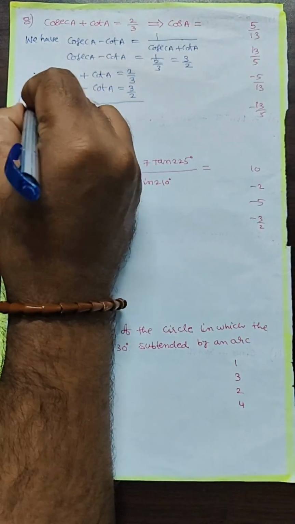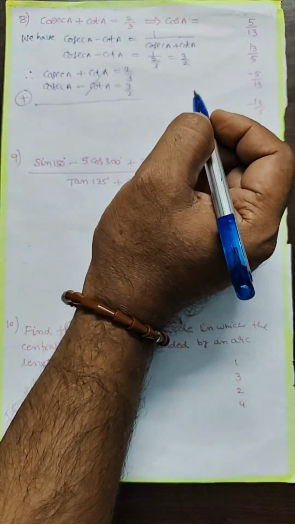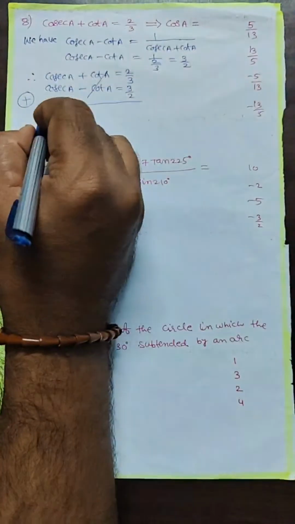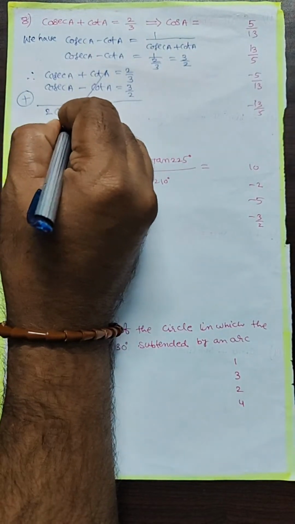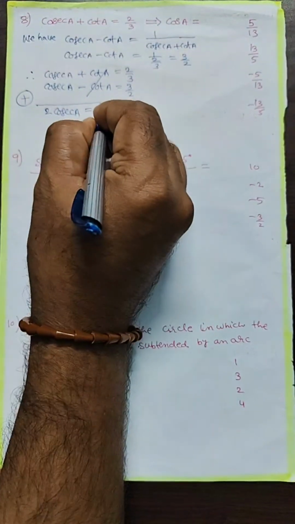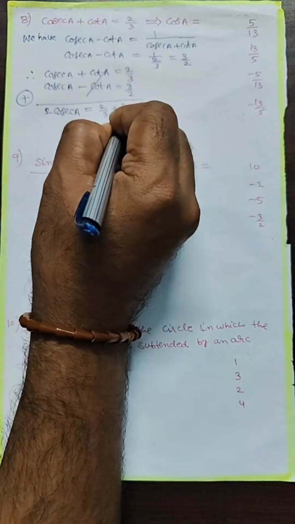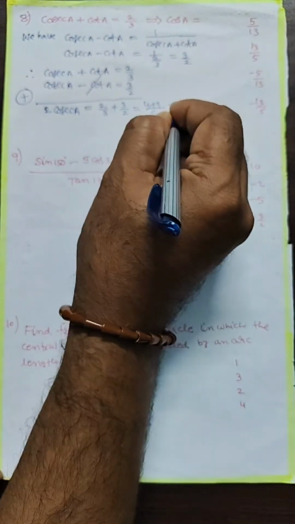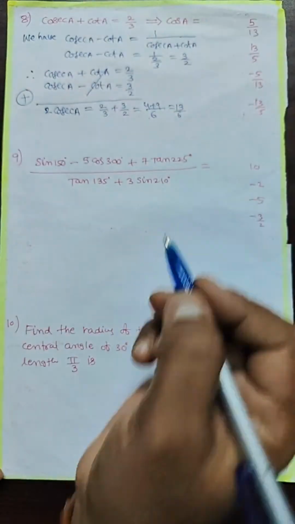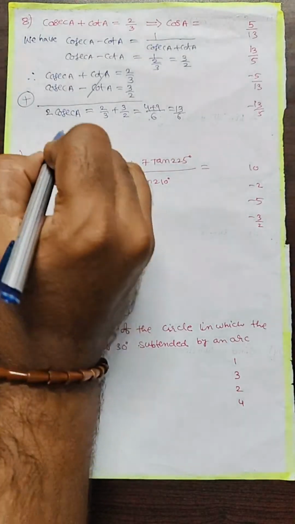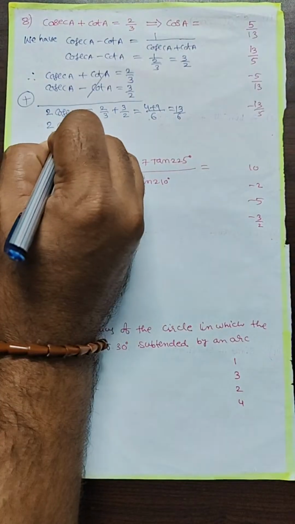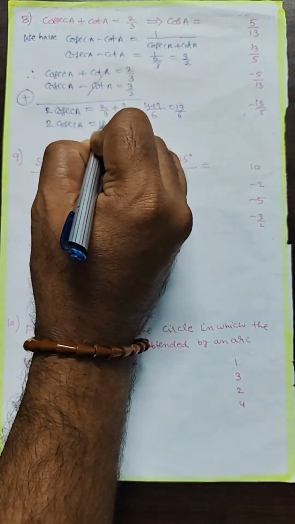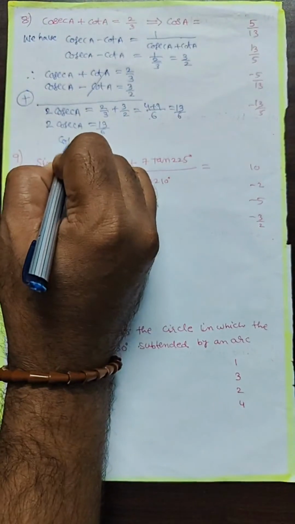If you add both equations, cot A minus cot A get cancelled. So cosecant A plus cosecant A, two cosecant A, equal to 2 by 3 plus 3 by 2. So after taking LCM, it will become 4 plus 9, 13 by 6. Next, 2 cosecant A is equal to 13 by 6.